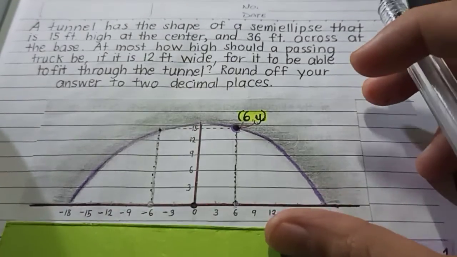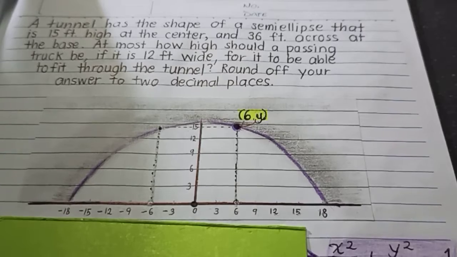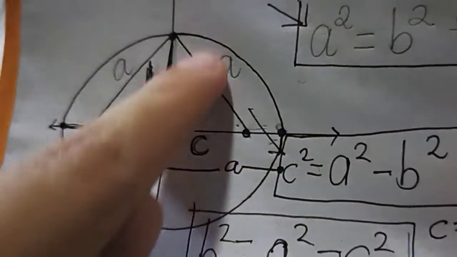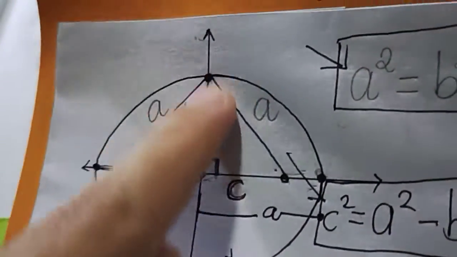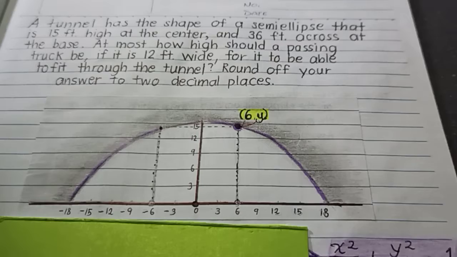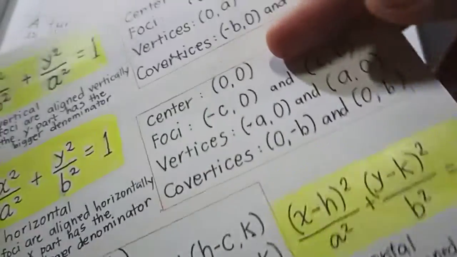So how to do that? How to derive the standard equation of an ellipse? Okay, so again, this is your A and this is your B. This is 18 and this is the 15. Okay, so in writing the standard equation, there are four formulas, no?